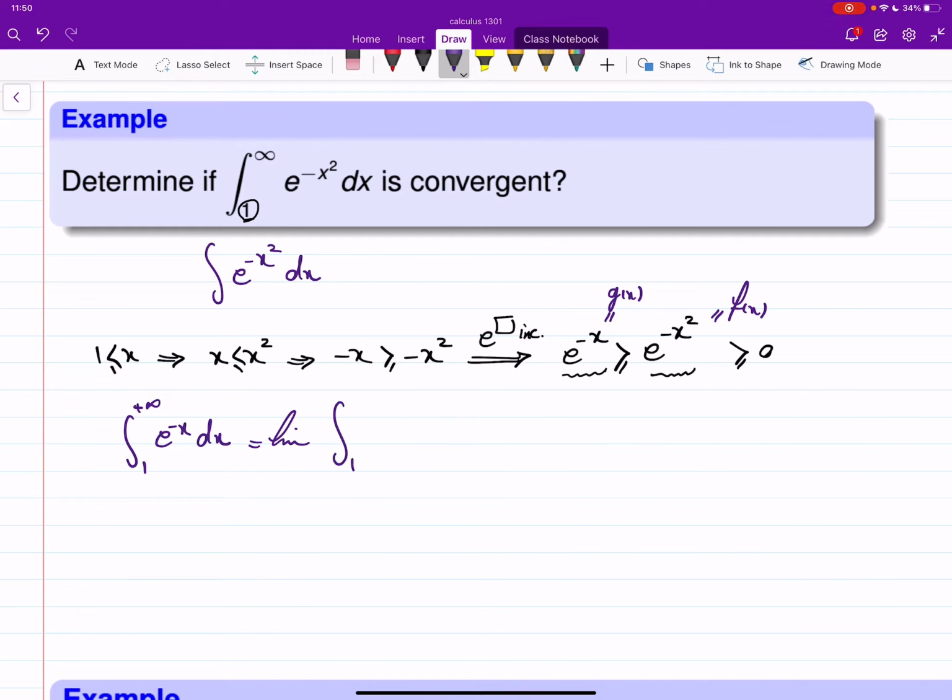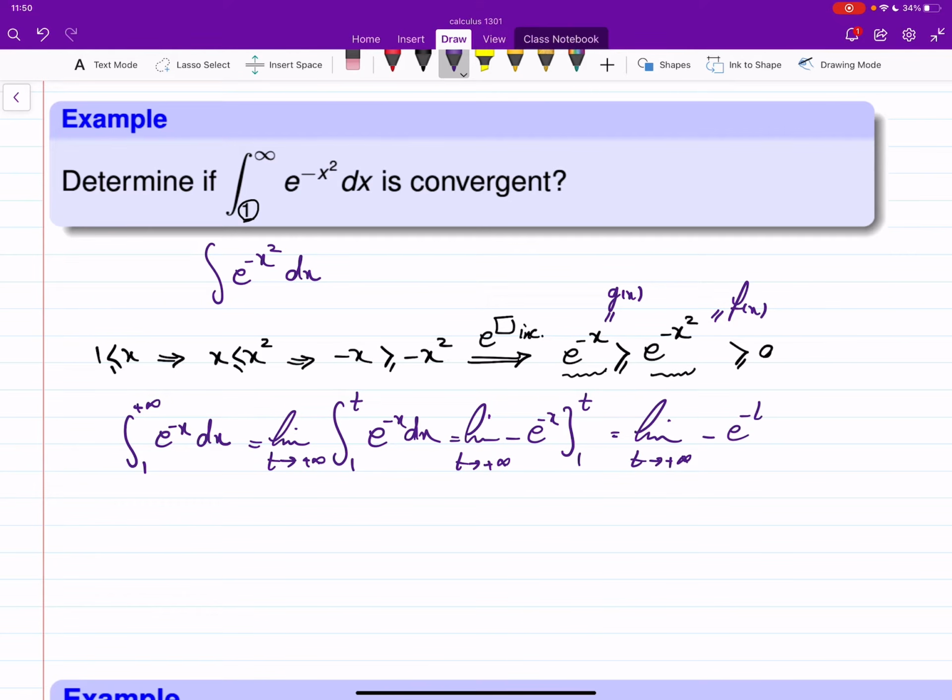Why is this a good upper function? Simply because I can evaluate this integral. This is negative e to the power negative x, going from 1 to t, and then I will find the limit. This is minus, okay, limit.